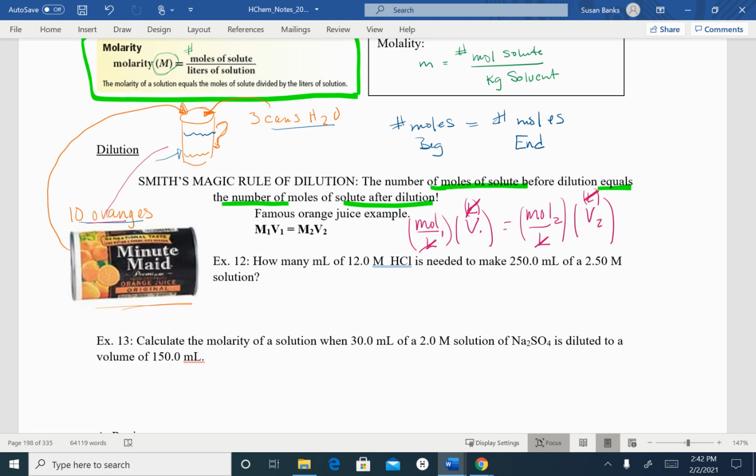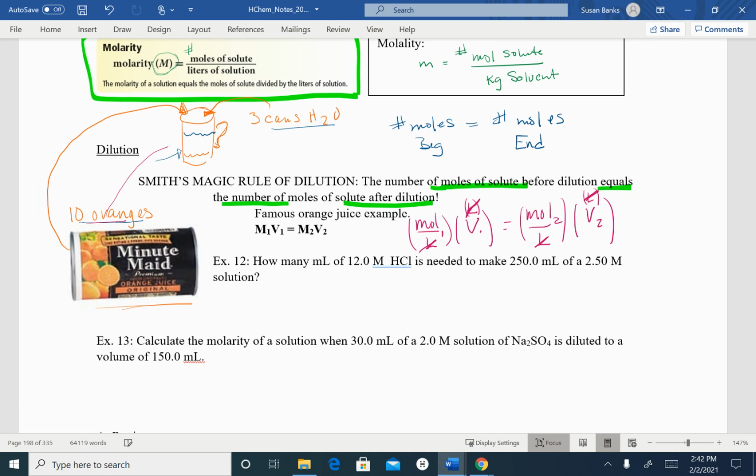Okay, so here is an example of how to use this. How many milliliters of a 12 molar solution of hydrochloric acid is needed to make 250 mils of a 2.5 molar solution? So what we have to decide is, what is our volume 1, our molarity 1, our volume 2, and our molarity 2.